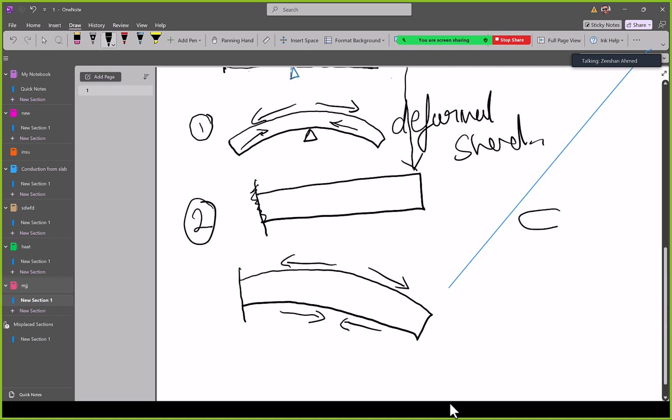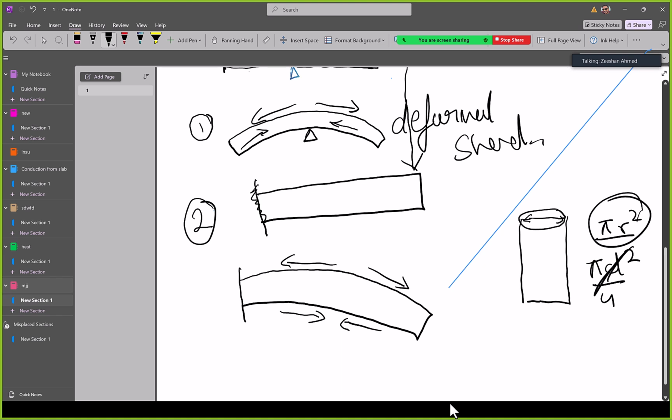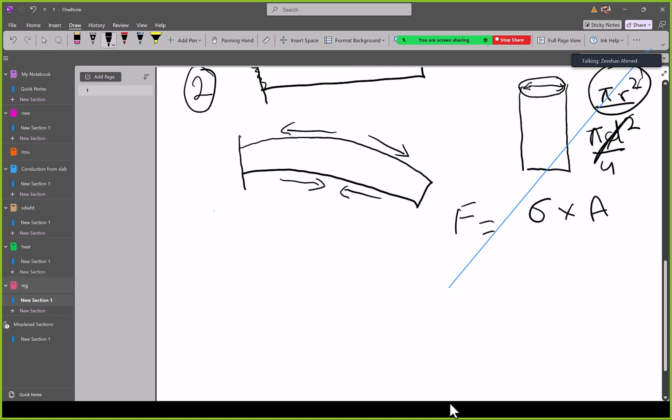So this cylinder was tested. The cross-sectional area is pi r squared, or maybe pi d squared by 4. Both can work. I like this one, so let's use this. So F equals stress times area, and stress, the capacity of the concrete, equals force over area.